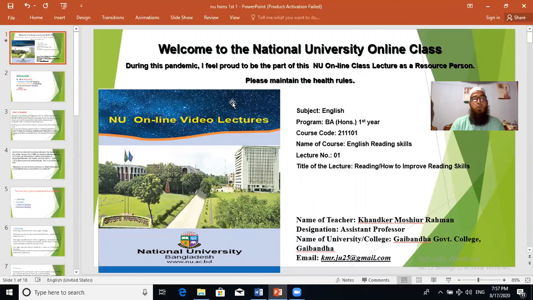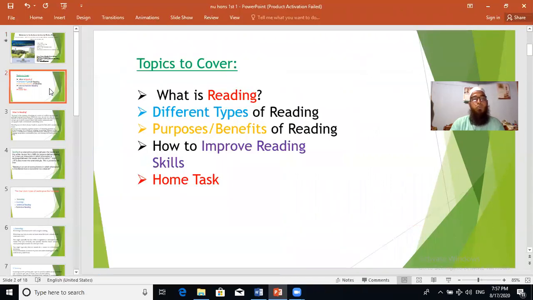As you are already students of the English department, you must recover all of your weakness regarding English. So this course is designed to improve your reading skills. Today we are going to learn about what is reading, different types of reading, purposes or benefits of reading, how to improve reading skills, and of course, at the end we will have some home tasks.